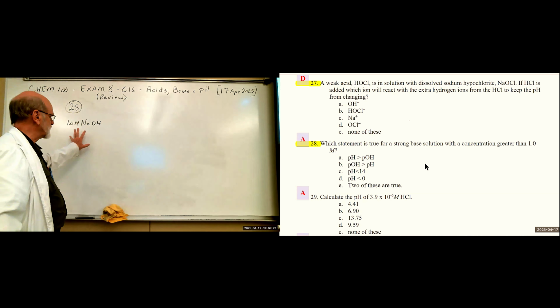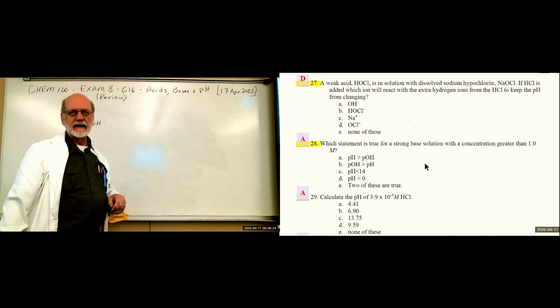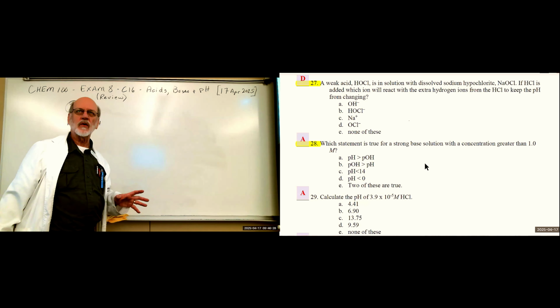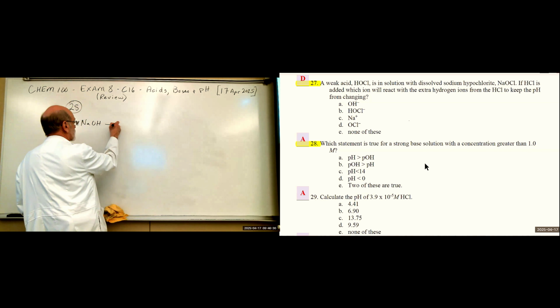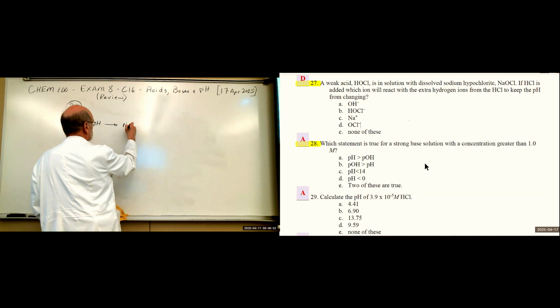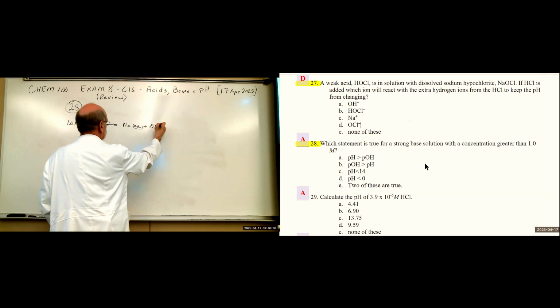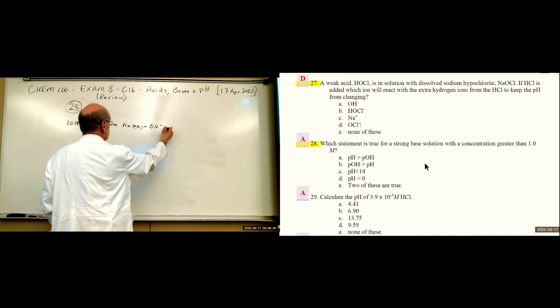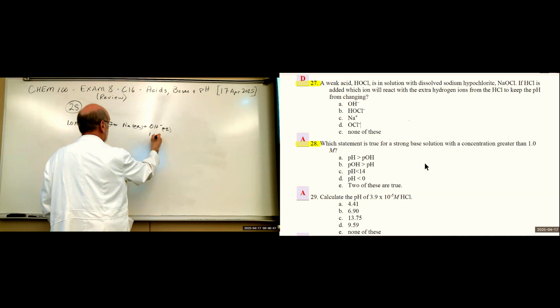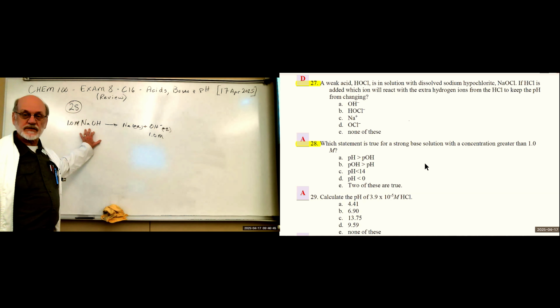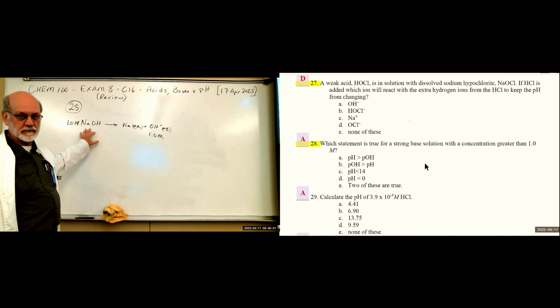They'd be good, strong bases. With a concentration of 1 molar, we know that this is going to go to sodium plus hydroxyls. And the hydroxyl concentration is going to be 1 molar because strong bases completely dissociate in water.